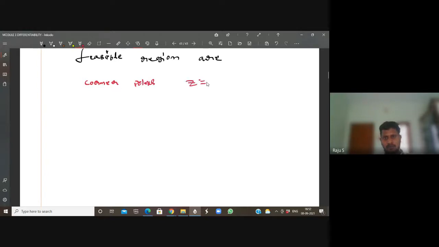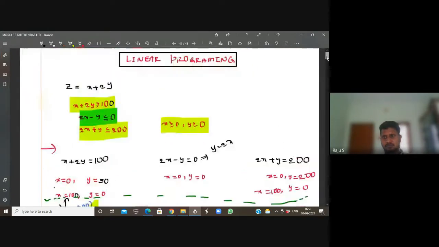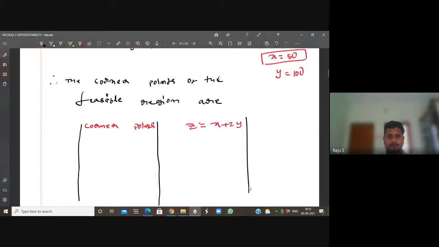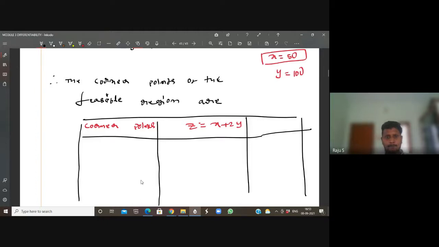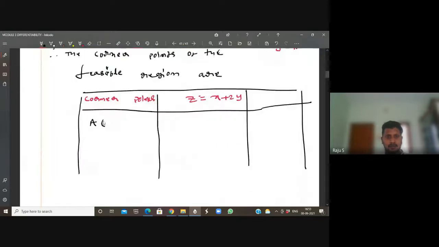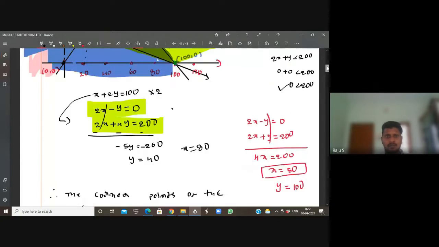Z is the Z value. What is the Z value here in the question? X plus 2y. That's it. You can draw the table. Point A is 20 comma 40, B is 50 comma 100 or 100 comma 50.